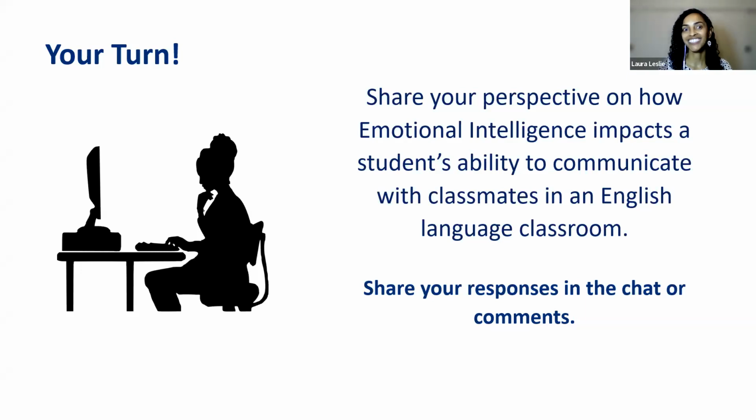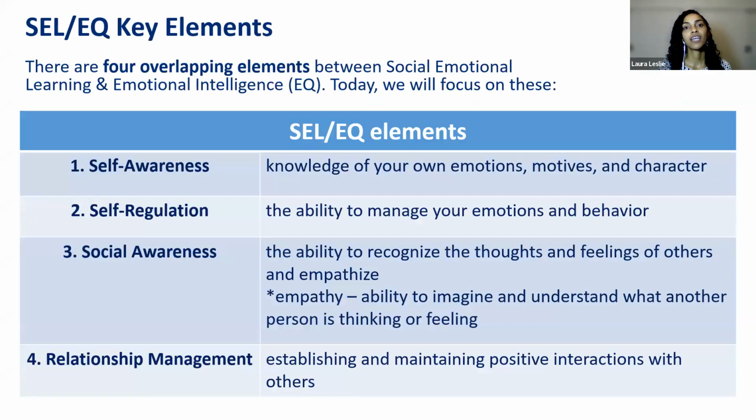So I'm excited. Today, we're going to focus on 4 elements that SEL and emotional intelligence have in common, and I will give a short definition for each. So self-awareness: knowledge of your own emotions, motives, and character. So how you're feeling, why you do things, and your personality.